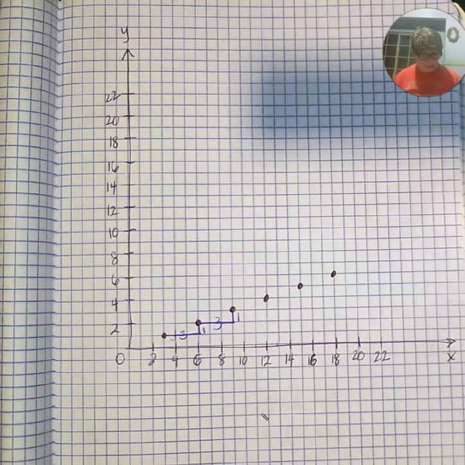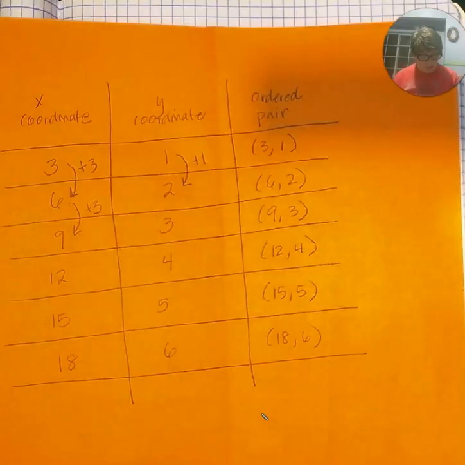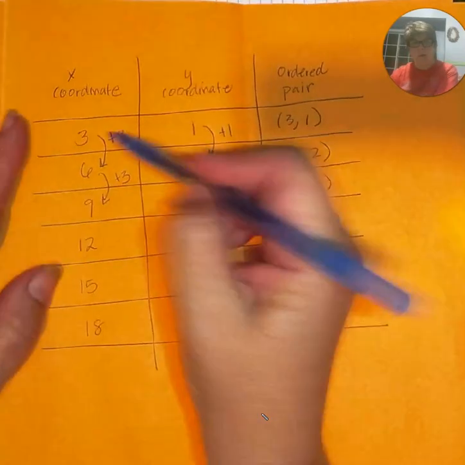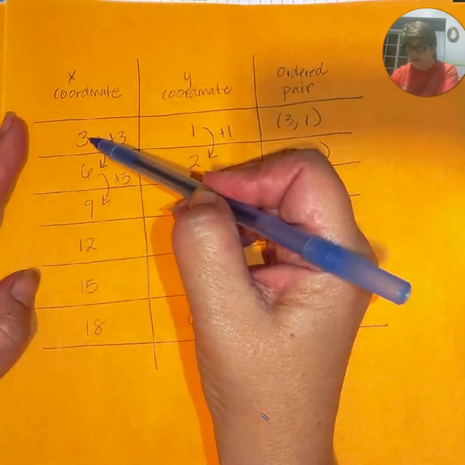Okay, very good. We add 3 times as much to the x coordinates as we add to the y coordinates, and we move 3 times as much to the right as we move up. You hear the words 3 times as much, right? So the relationship between the x and the y, the x is 3 times as much.